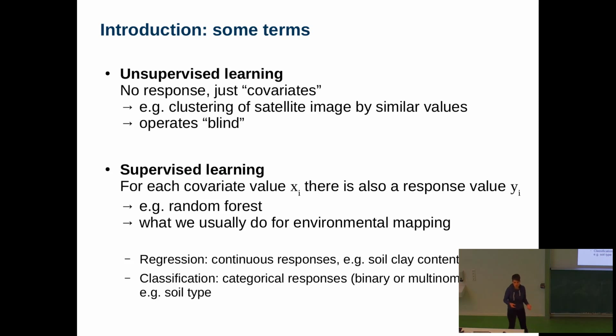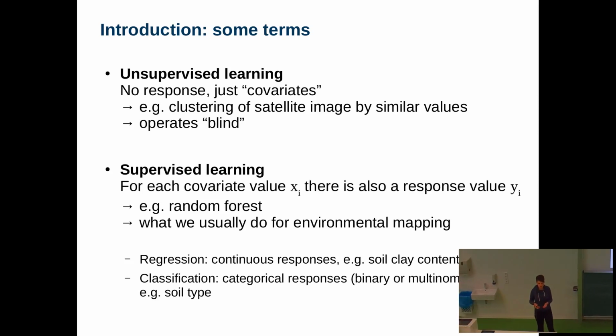And this could be from other fields. This could be the presence of a breeding bird. This could be presence or absence of a disease, and everything that you could have on a map in a spatial context. And my lecture will just focus on the supervised learning part, just so that you understand.